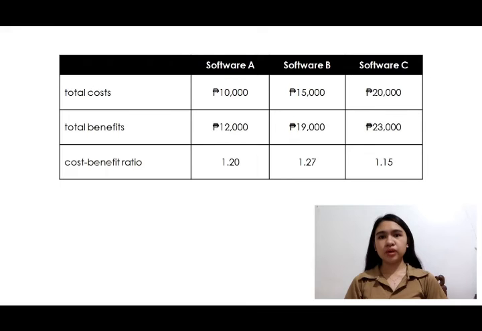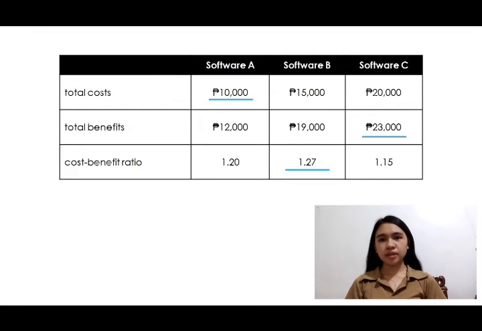Now, let's assume we have 3 different softwares: Software A, Software B, and Software C. We can see that Software A has the lowest cost, which is 10,000 pesos, but Software C has the highest benefit, which is 23,000 pesos. However, when we compare the cost-benefit ratio, we can see that Software B offers the best with a ratio of 1.27.